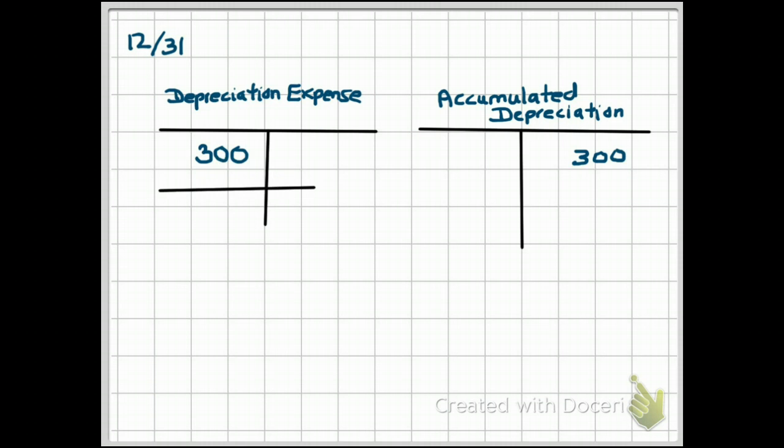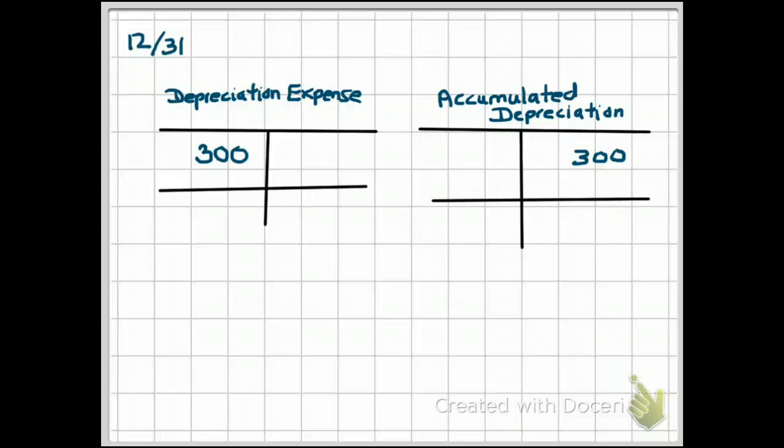Always, depreciation expense is going to be debited by the amount of the depreciation, which is $300, and then we have a new account which we call accumulated depreciation, and that account is the one that gets credited. So don't forget, even though we are depreciating equipment, we do not reduce the cost of the original equipment. We have a new account which we call accumulated depreciation, and that is the account that gets credited.